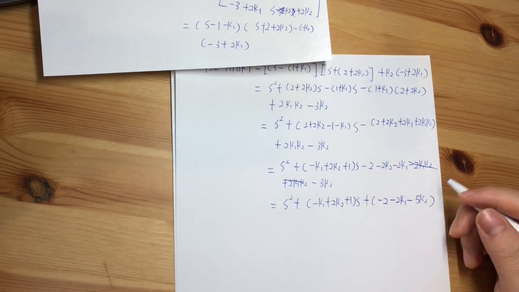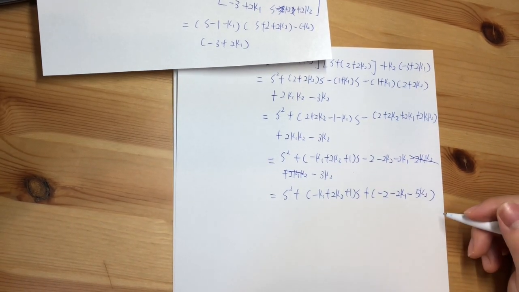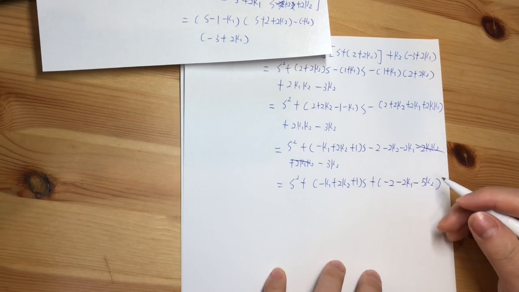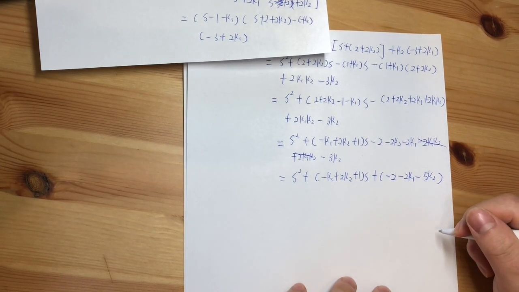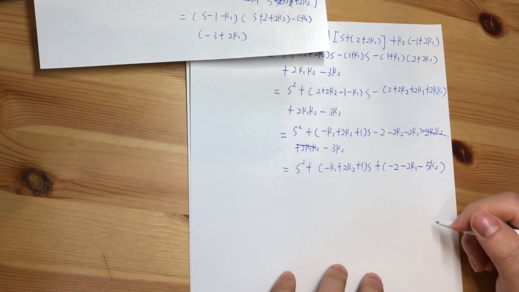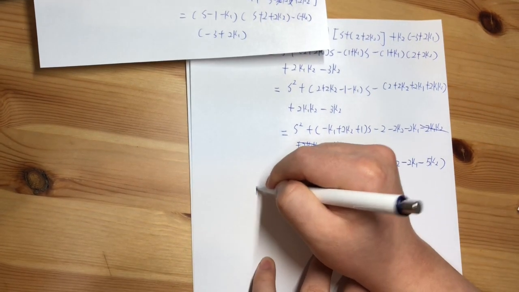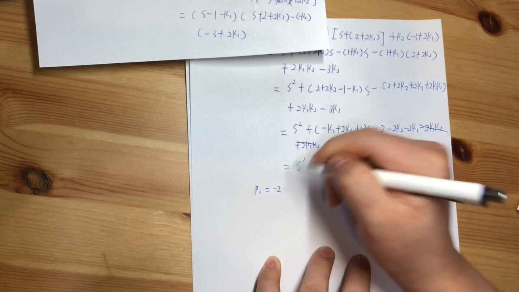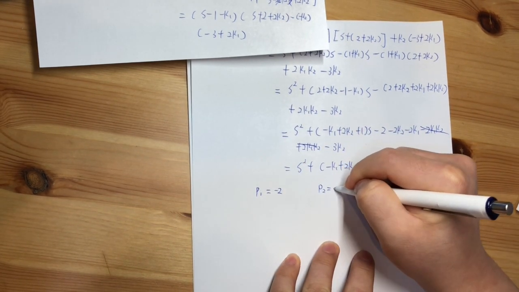The characteristic equation of the closed loop system can be written based on the defined new poles, p1 equal to minus 2 and p2 equal to minus 2.